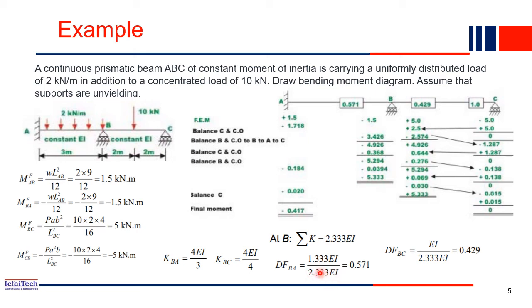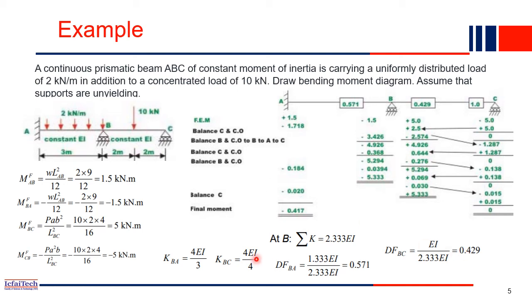So 1.33 by 2.33, you will have 0.57. So the distribution factor for the B to A end will be 0.57.